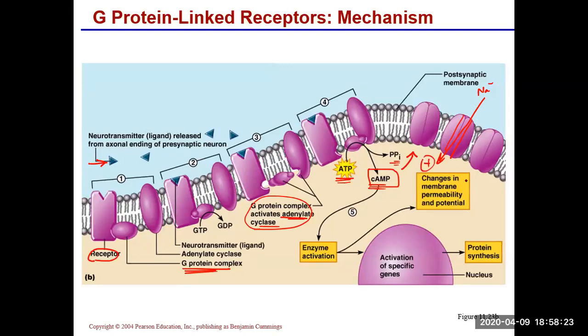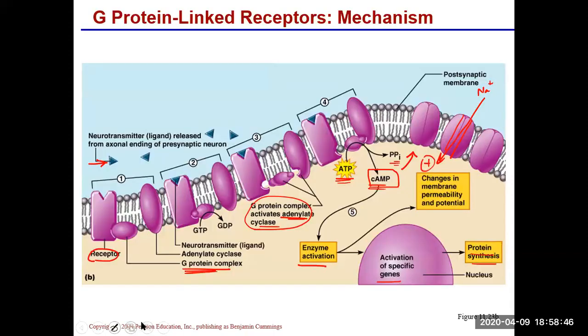Or it could be a closure of these channels, inhibiting something from going out, like potassium, for example. It could activate an enzyme. It could activate a gene. It could activate protein synthesis. So just like the dominoes can do different things, as I showed you earlier, these can do different things as well. Depending on the cell, they might have a different response.